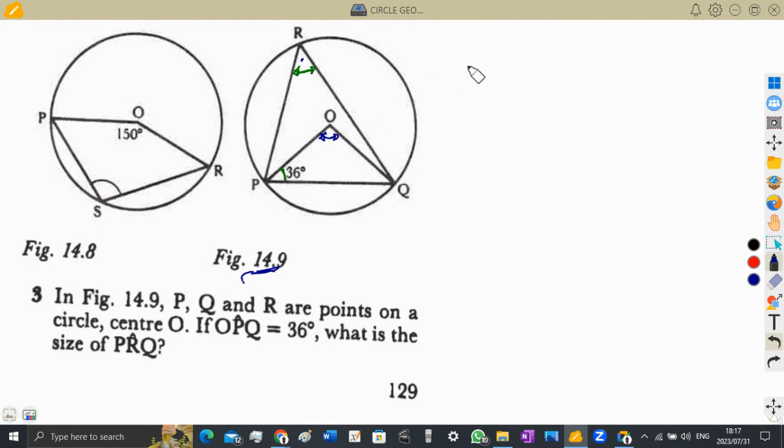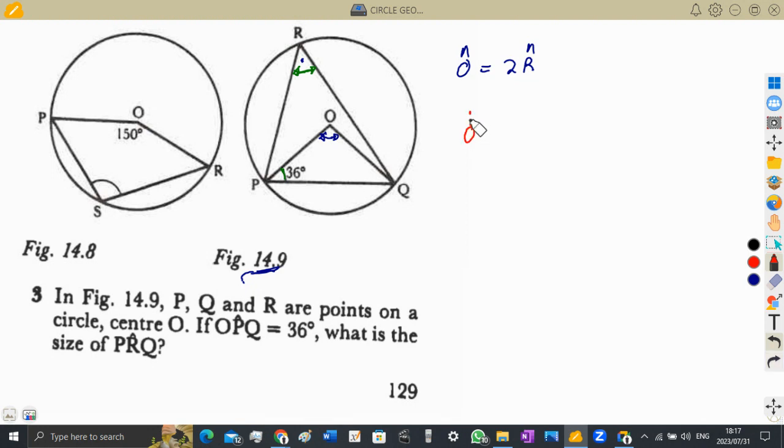So angle O is 2 times angle R. Angle at the center is twice angle at the circumference. So to calculate angle R, let us target angle O, because there we have a triangle that at least we can play around with.